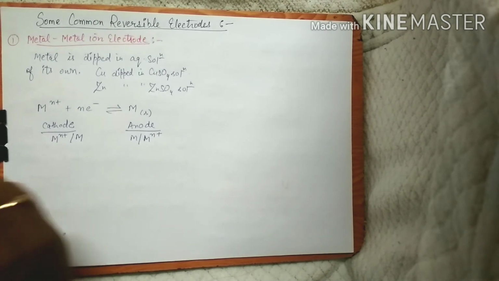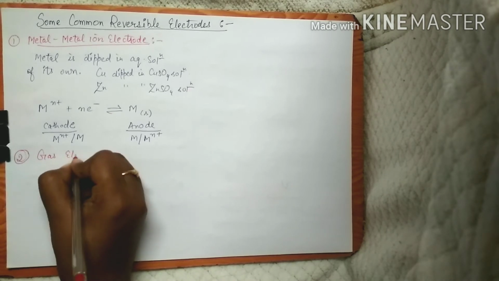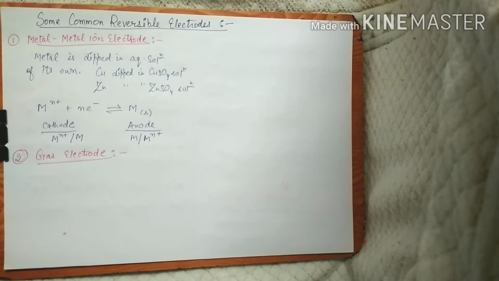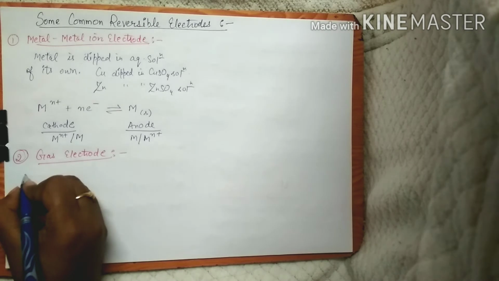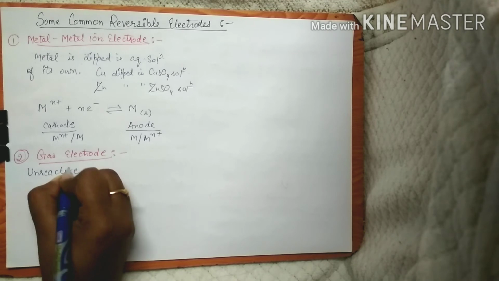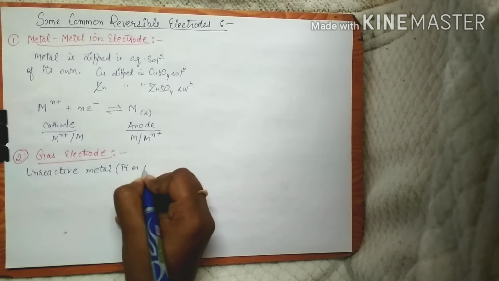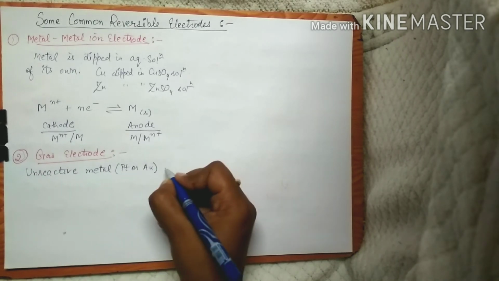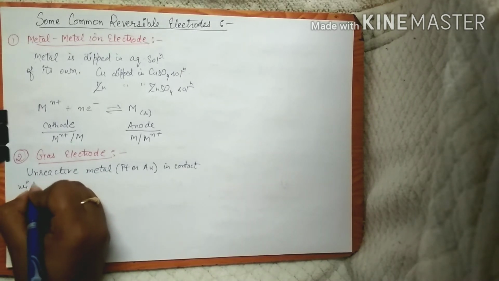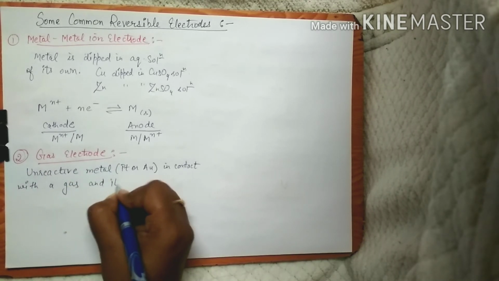Now the second type, which is your gas electrode. In a gas electrode, we take an unreactive metal, for example platinum or gold, which comes in contact with a gas and its corresponding solution.